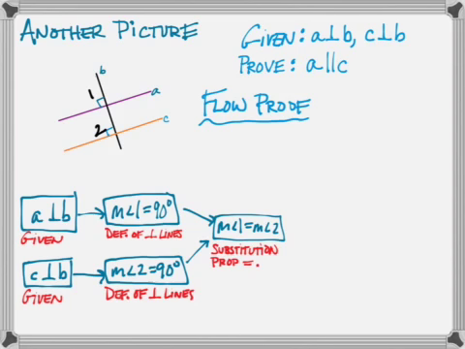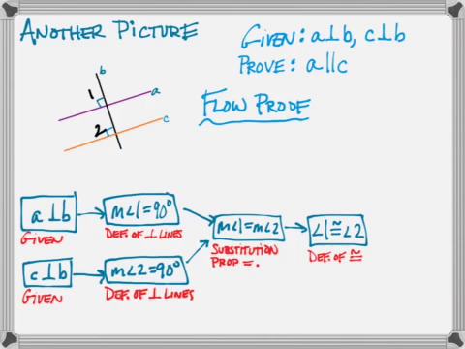If it was measure of angle 1 equals 90 and 90 equals measure of angle 2, that would be a transitive property. This is set up as substitution. So the measures are the same, which means the angles are congruent, due to the definition of congruence. If angles have the same measure, they are congruent angles.